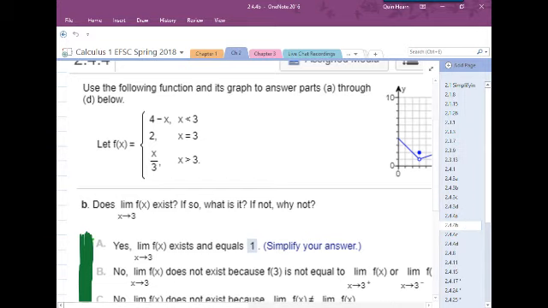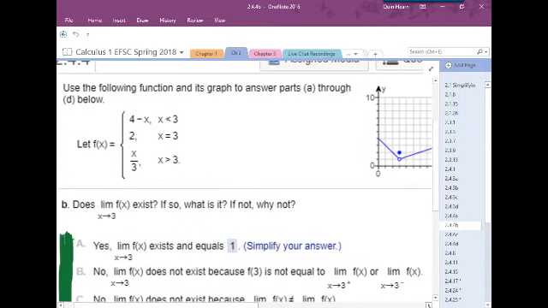Okay, next question, same item, but we're looking at a different part of the problem now. It asks us to determine if the limit as x approaches 3 exists. So remember, in order for us to have a limit exist, the limit from the left has to equal the limit from the right.